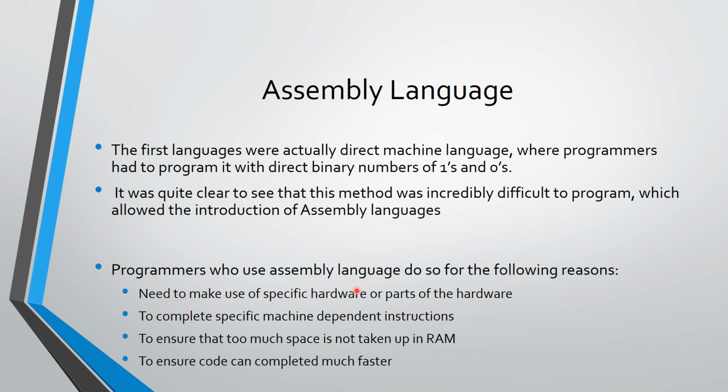Programmers who use assembly language do so for the following reasons. It needs to make use of specific hardware or part of the hardware to complete specific machine dependent instructions, to ensure that too much space is not taken up in RAM, and to ensure code can be completed much faster.